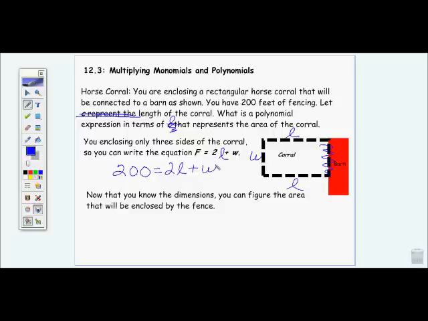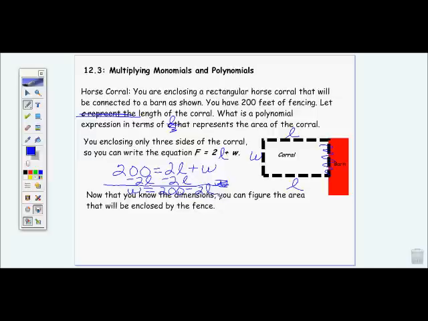All right. So if I want to change this so that I can solve it for the width, I'm going to subtract 2L from both sides. So I'm going to have the expression W equals 200 minus 2L.